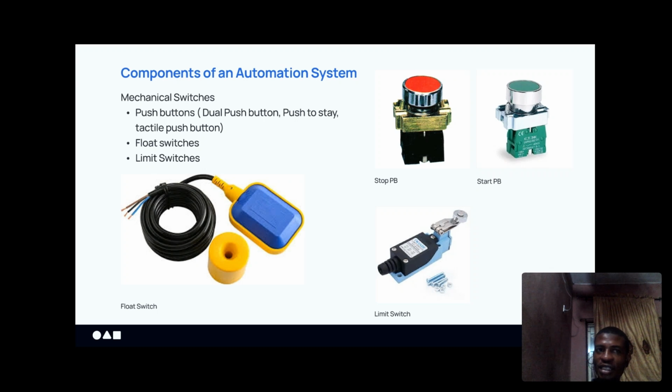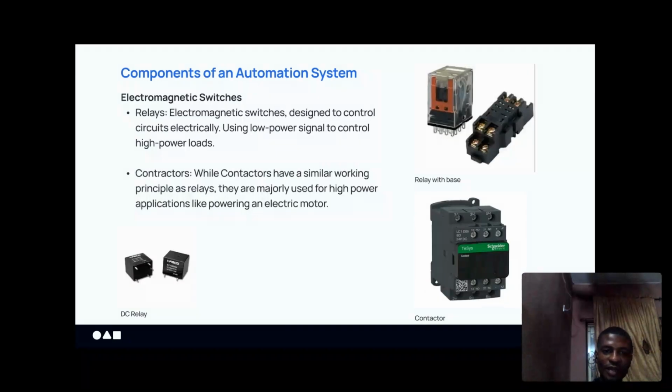You want that when they open your door in your house, an alarm will start ringing. This is where you can use a limit switch, or in more advanced settings you can use other sensors, maybe like the PIR sensor, the passive infrared sensor, to detect motion.